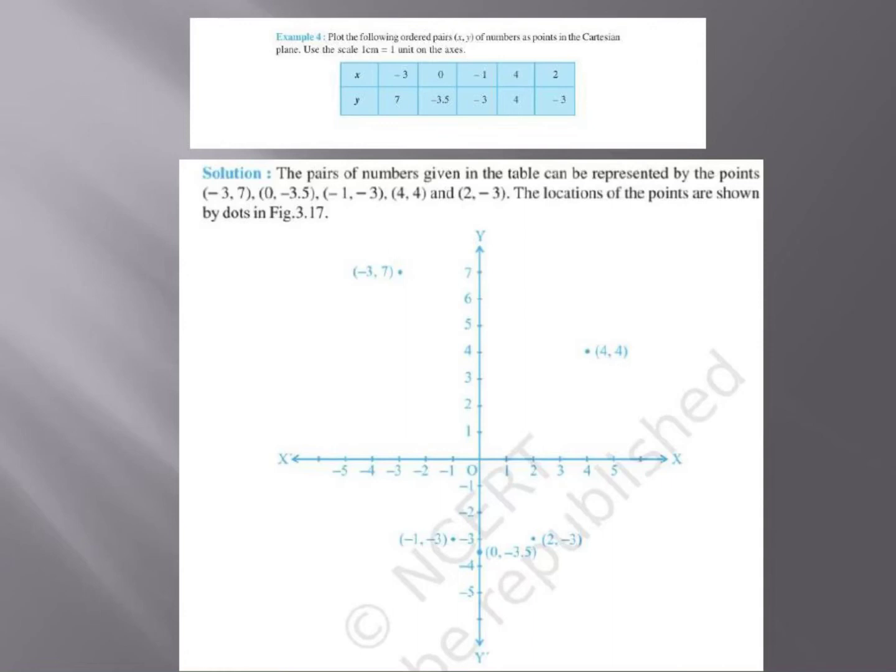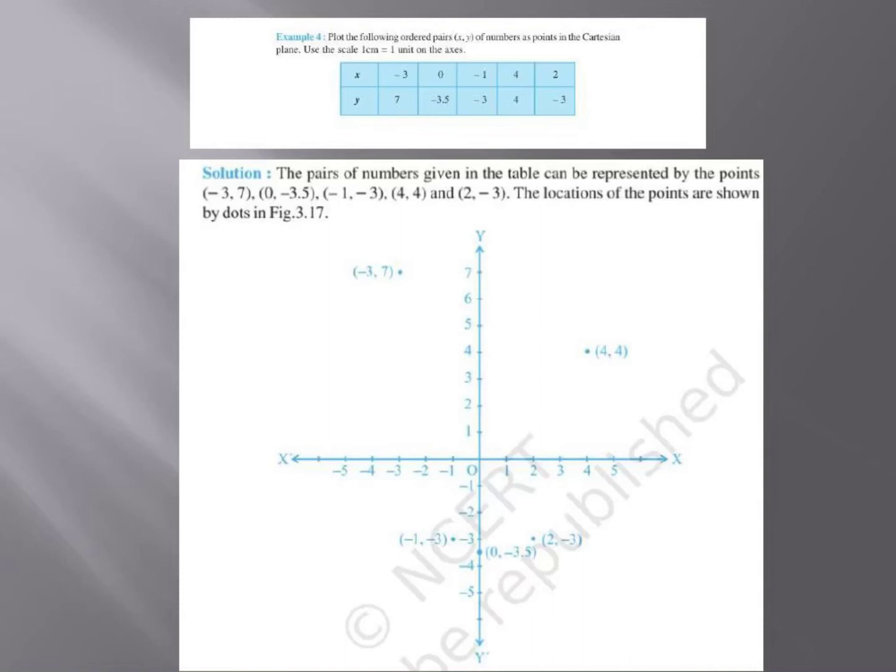Now while drawing the Cartesian plane, it is very much necessary to mention the scale, and here the scale is already given to us: 1 cm is equal to 1 unit. This means that whenever you are drawing a Cartesian plane, you have to take 1 cm equal to 1 unit on the x-axis as well as the y-axis, which means that between 0 and 1, 1 and 2, 2 and 3, or 0 and -1, -1 and -2, etc., the distance should be 1 centimeter.